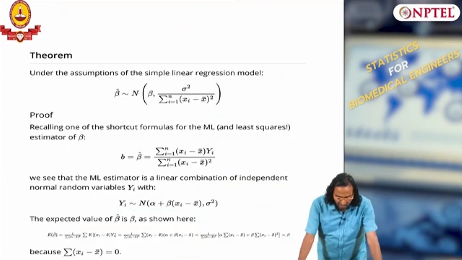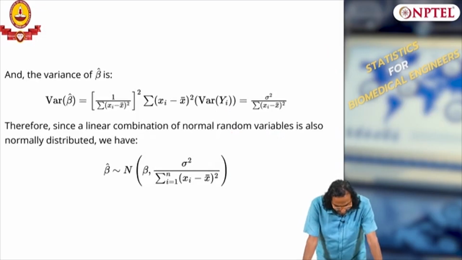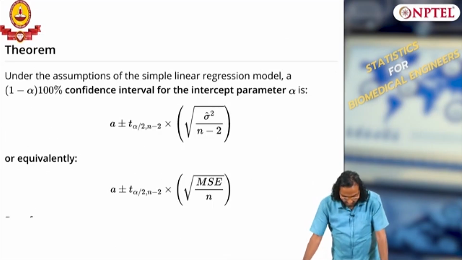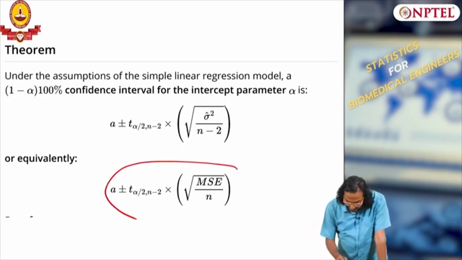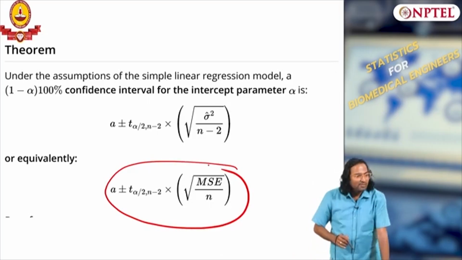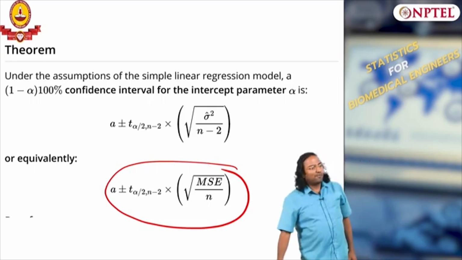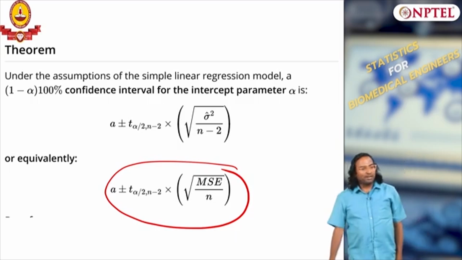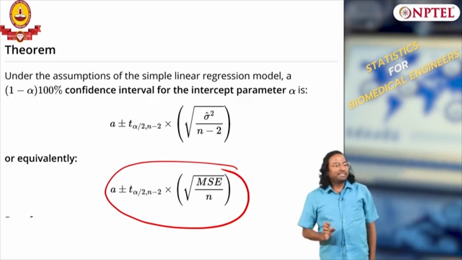Now I can show that, with these assumptions, alpha follows a t distribution. So alpha hat, or beta naught hat, follows a t distribution.